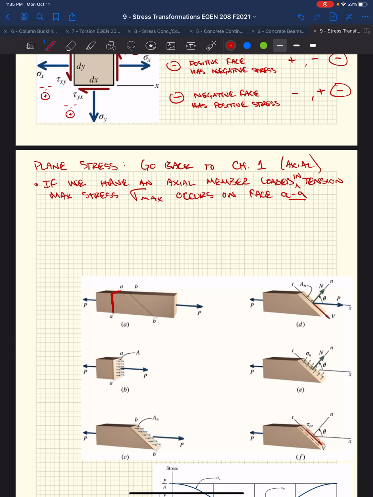If we drew a cut right there, that face is normal to our load P, so that our max stress equals our force P over area, right? Normal stress is normal force over the area in which it acts, and that area is normal to the force.